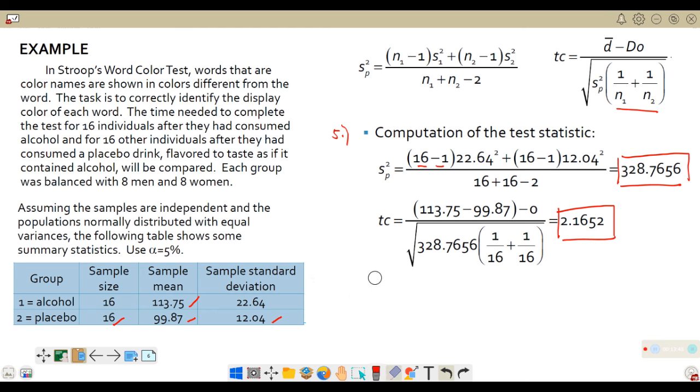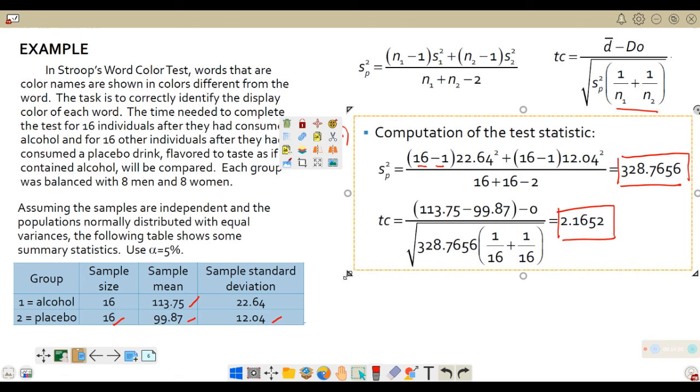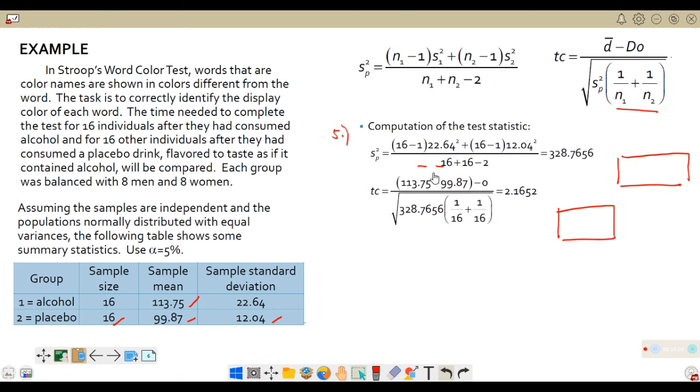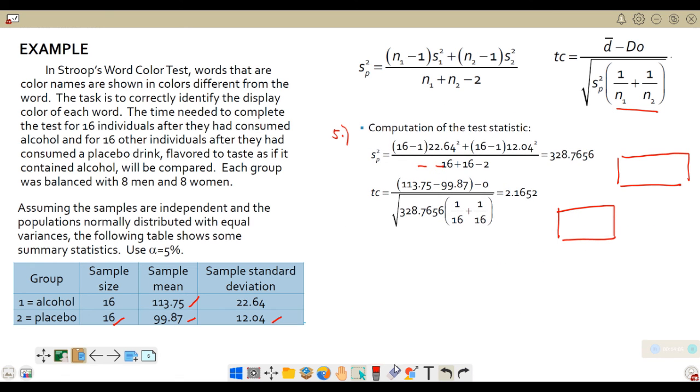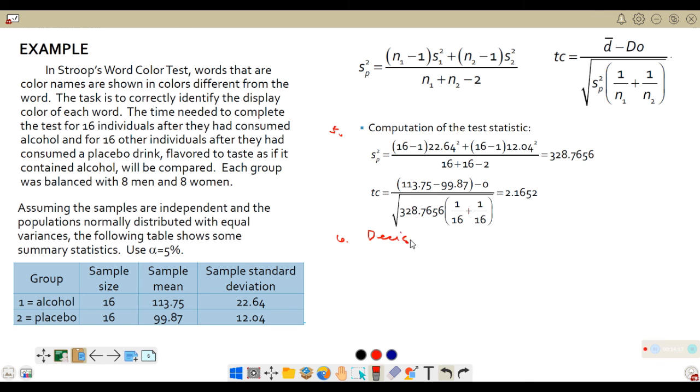So this time, gawa na tayo ng decision. Kukulangin ako sa space. So, mag-a-adjust lang ako dito sa taas. Ito ay 5 computation. 6 decision.